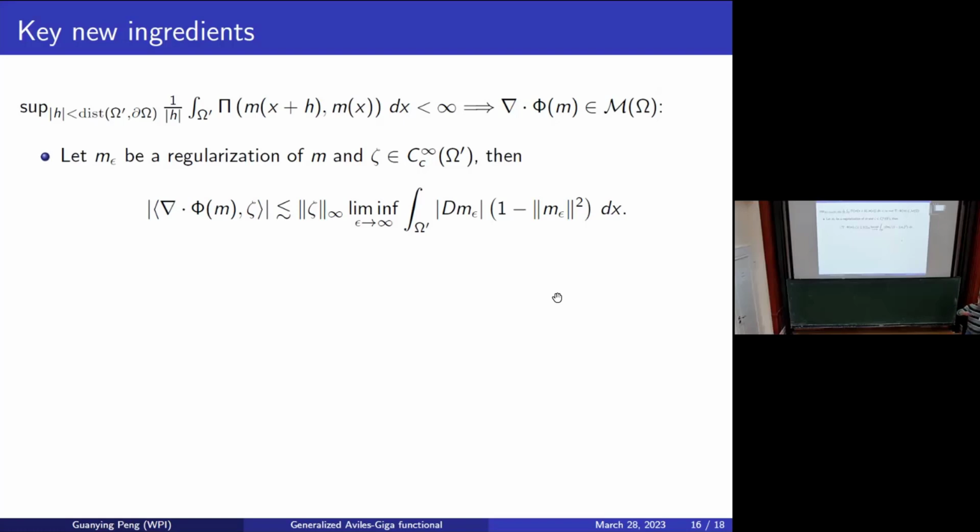And then after performing this kind of estimates, this leads to the following estimate. So the entropy production of the limit of the vector field M acting against the test function is bounded by some constant times the L infinity norm of theta multiplied by the lim inf of this integral. So then it just remains to show that this lim inf is a finite number.